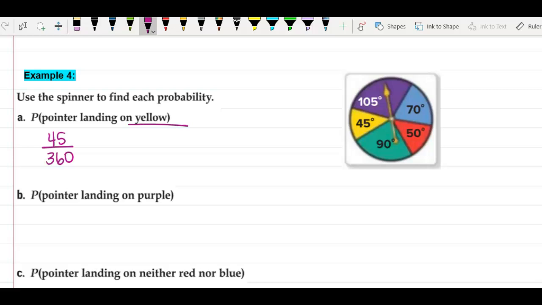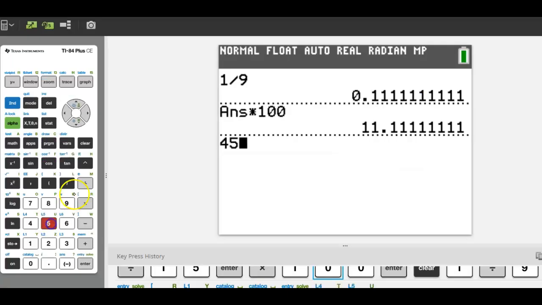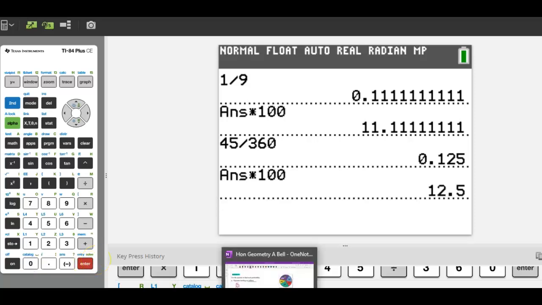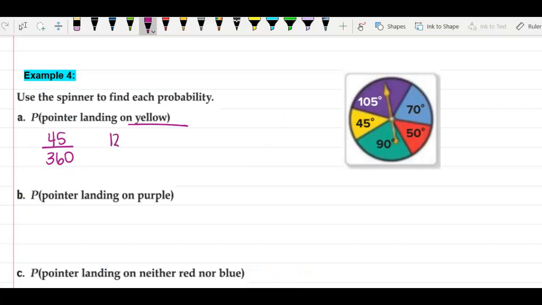So the chance of landing on yellow would be 45 over 360. Okay, and we could put that as a percent. 45 divided by 360, and then multiply it by 100. So 12.5%.